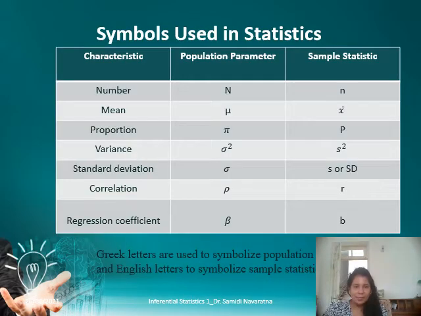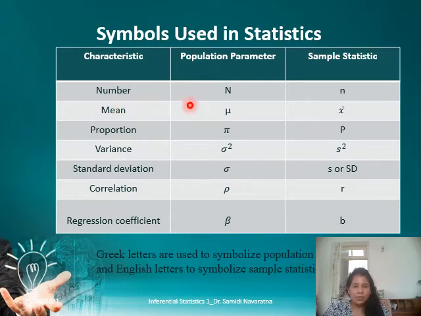This table gives the symbols used in statistics. Now, as you can see clearly, if you compare the population parameter column and the sample statistic column given here, except for the number or the sample size row, the other symbols used here, the Greek letters are used to symbolize population parameters and English letters are used to symbolize sample statistics.